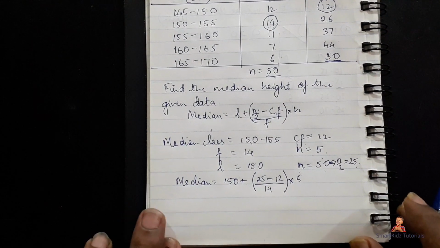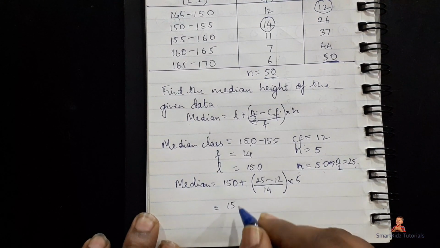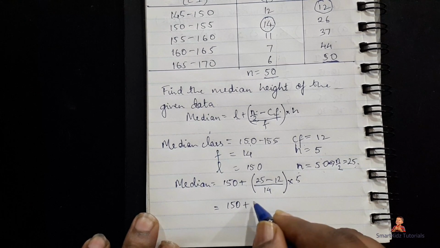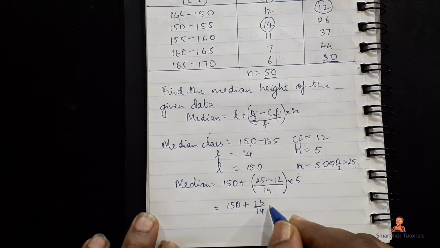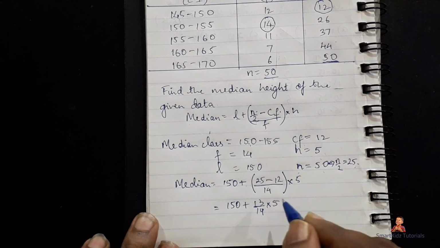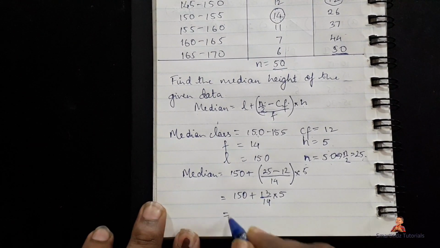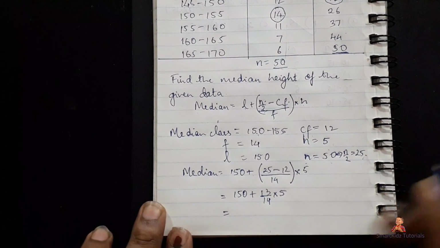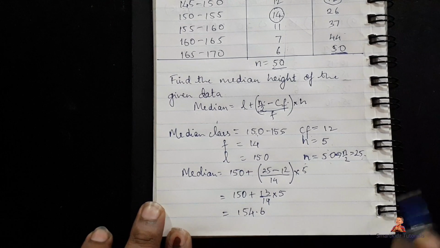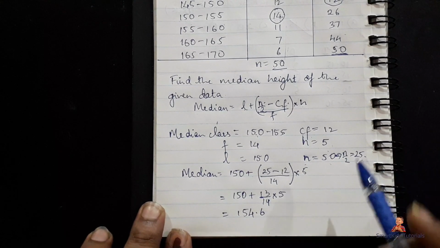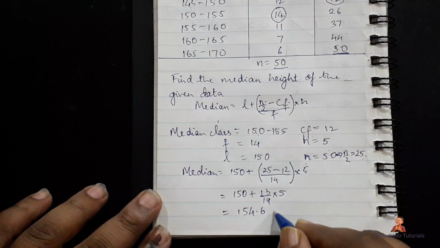Now that we have got this, we just need to calculate further. So we'll get 150 plus 25 minus 12 gives us 13 upon 14 into 5. Okay. Now if we calculate this further, the answer that we should get is 154.6. That is our median. So we write here 154.6 units.